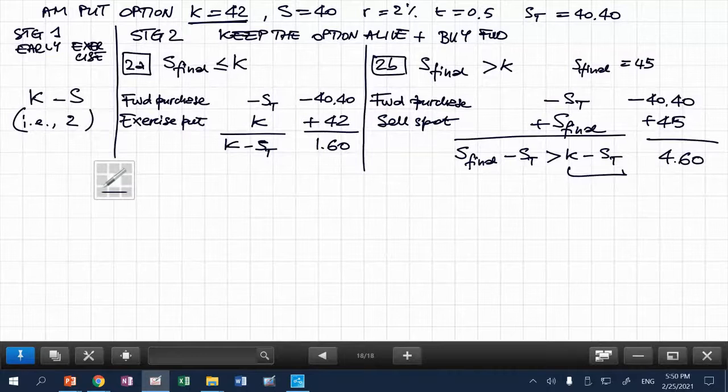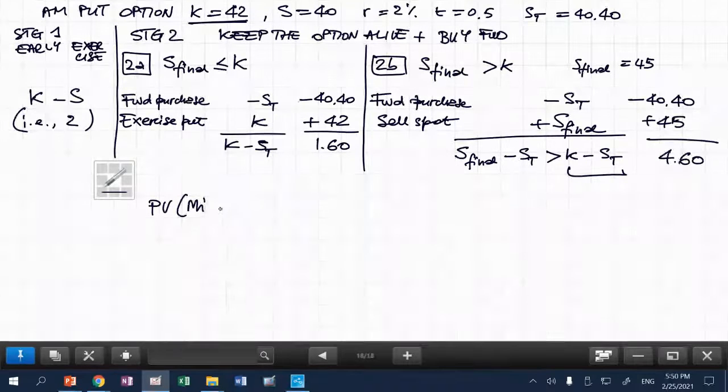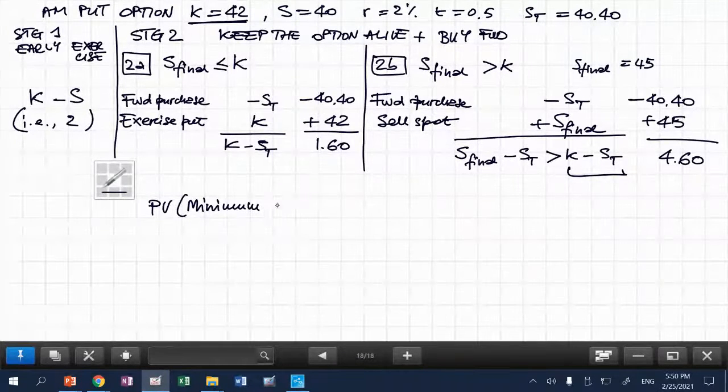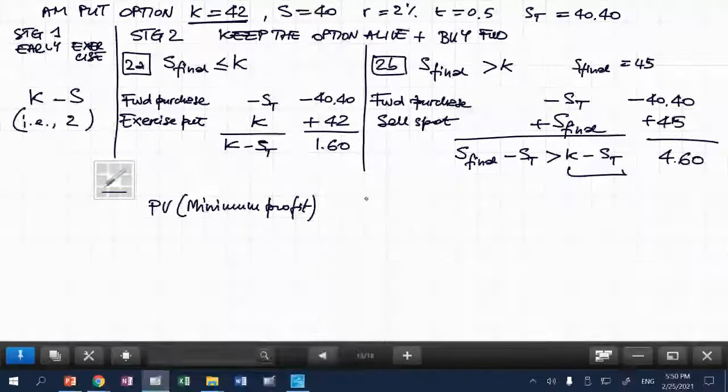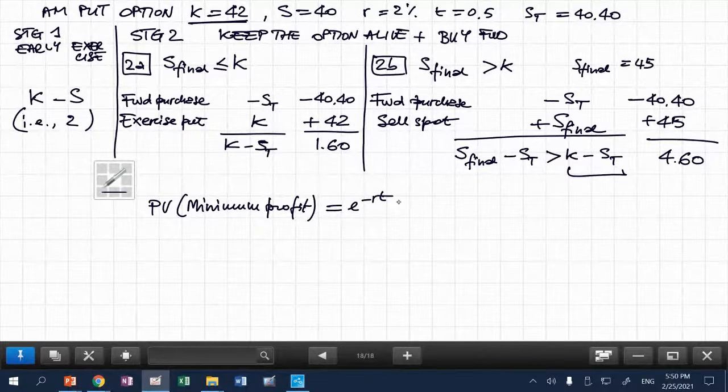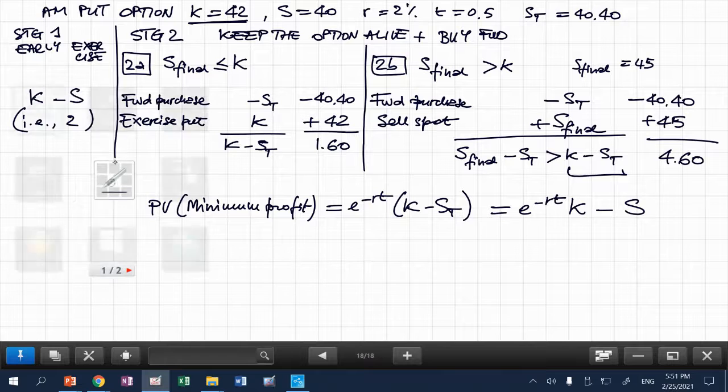Now, from the point of view of checking whether strategy 2 is dominating strategy 1, again, the last step would be to take the present value of the minimum profit, which is going to be the discounted value of K minus ST. Again, if I substitute ST, saying that it is S times e to the power RT, this ends up being the discounted value of the strike minus the stock price.